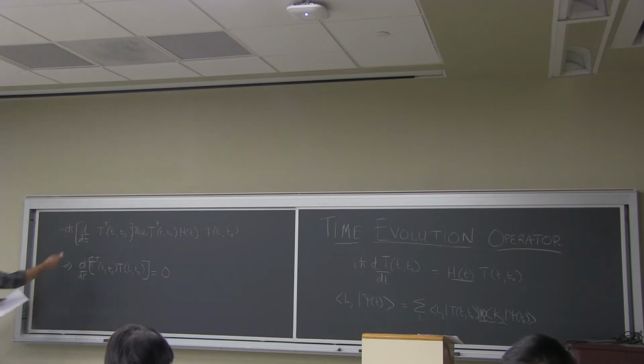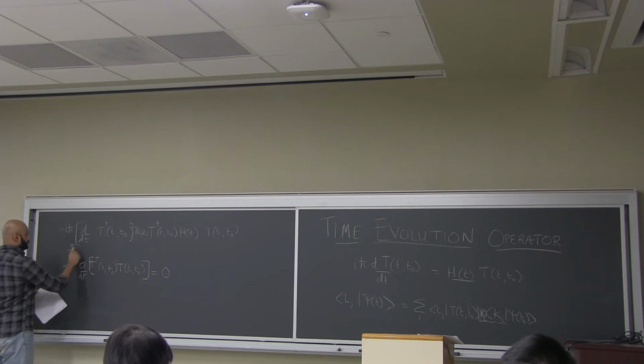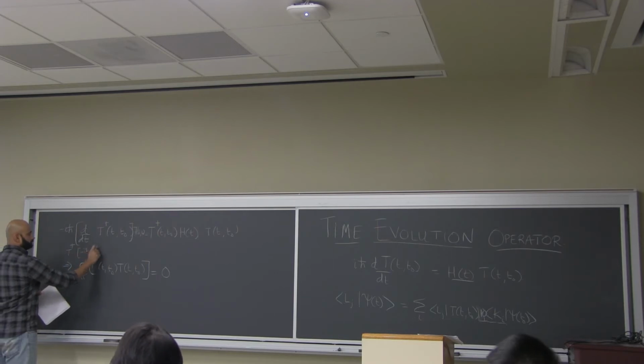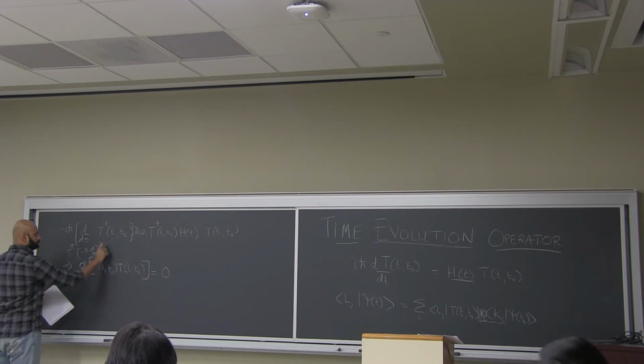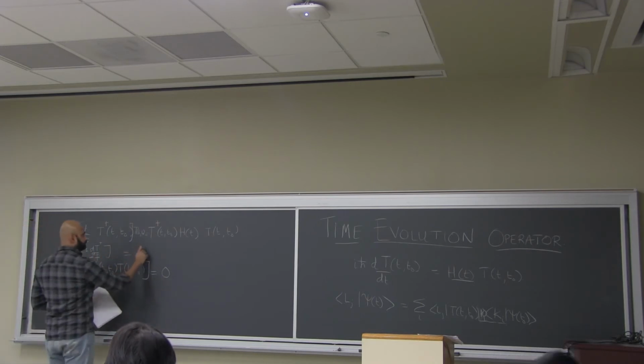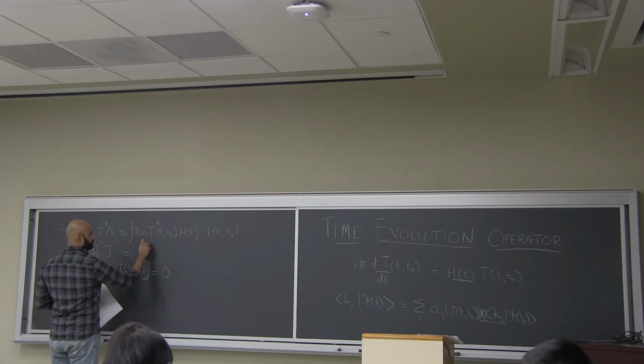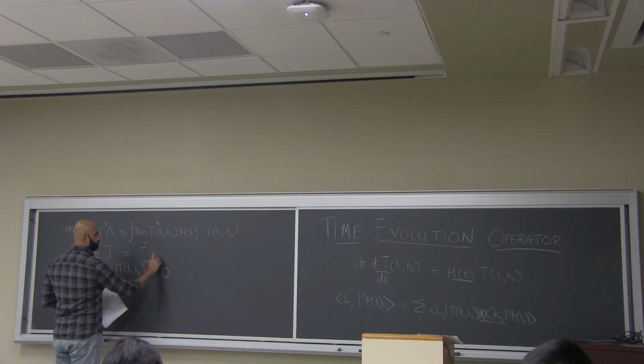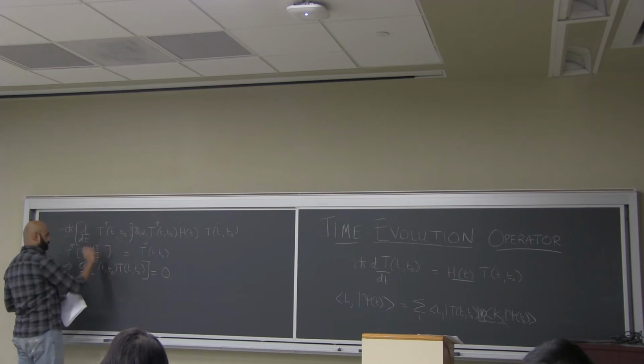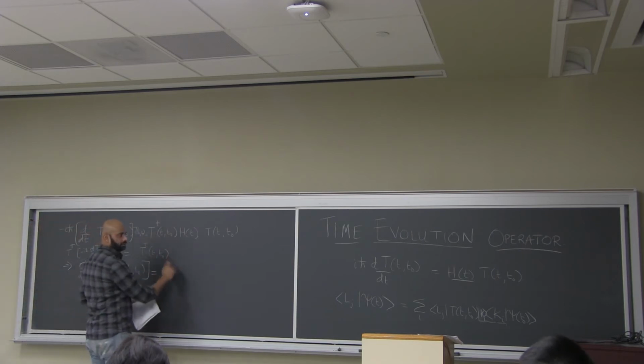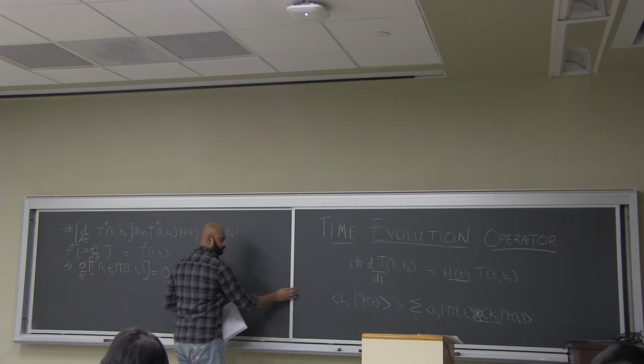Okay, so what I'm saying is, if I multiply T dagger times minus i h bar dT dagger dt naught, this one is the equation with T, which I hid over here.